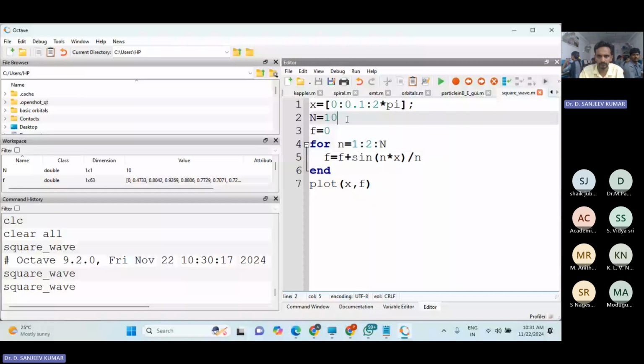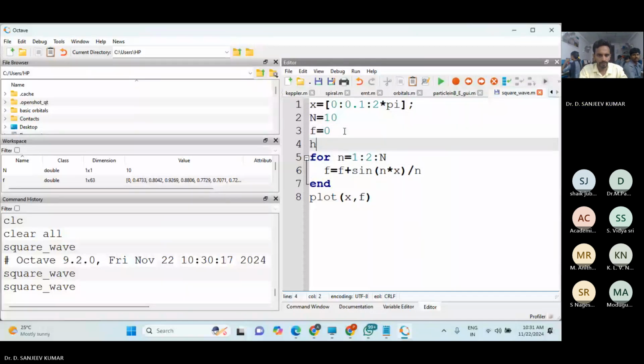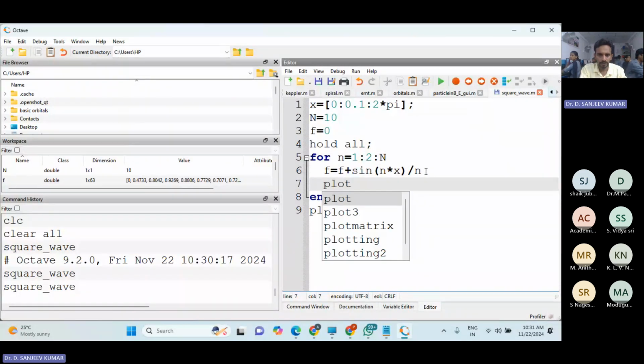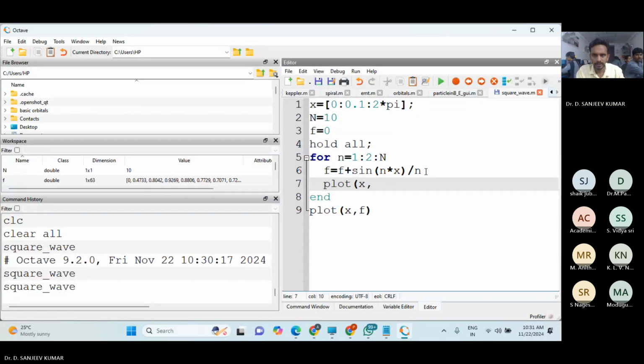Before that, hold all, and plot x comma whatever individual contributions we are considering, sine n star x.